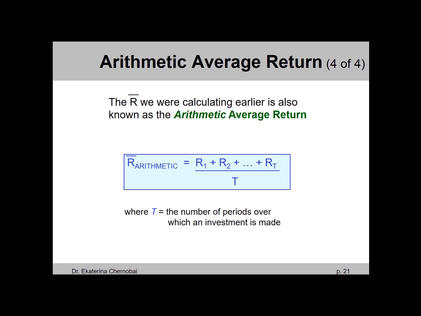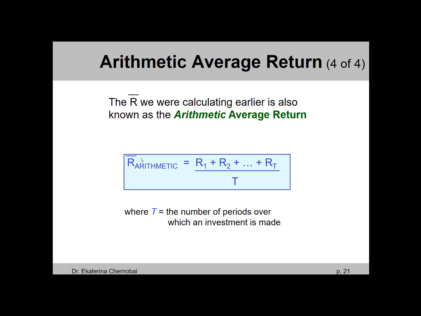The simple average, as we know from different things we deal with in life, is we take the numbers, add them all up, and divide by how many we have, right? Same idea here, and that's what we call arithmetic average return. So arithmetic average is the same thing as the simple average.